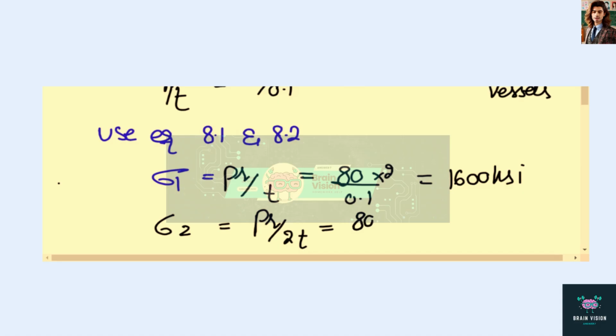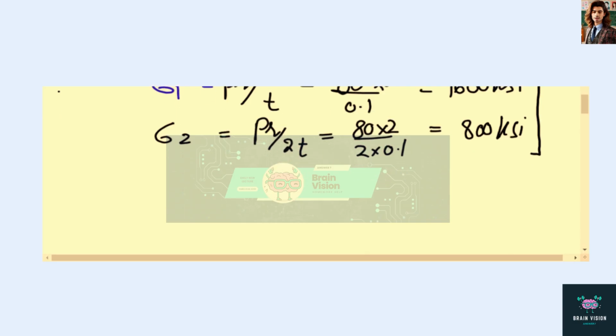That is 80 times 2 divided by 2 times 0.1, and that is equal to 800 ksi. It is important to note that these are not principal stresses in this case, but it is how equations 8.1 and 8.2 are written, so we'll use the same notation.